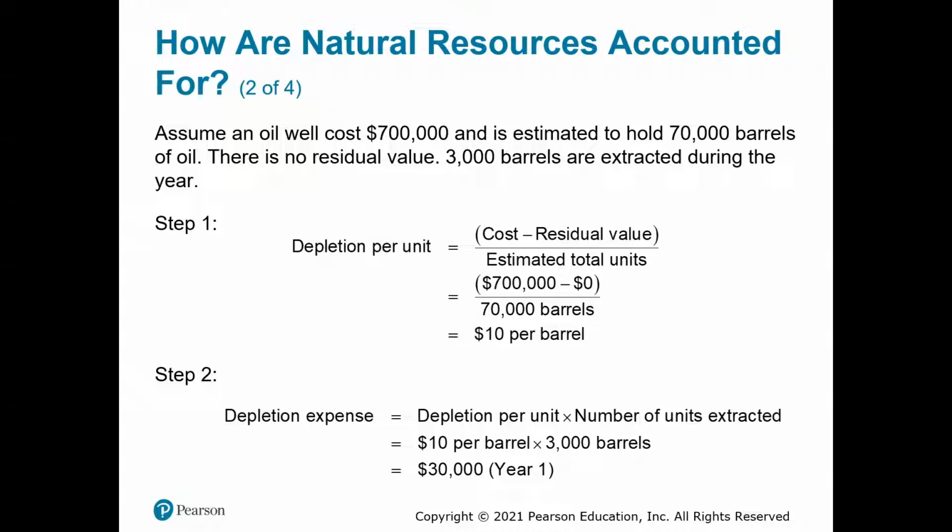So 700,000 minus 0 divided by 70,000 barrels is equal to $10 per barrel. Then you would multiply the depletion per barrel by the number of barrels for the period. So $10 per barrel times 3,000 barrels is equal to $30,000 of depletion in year 1.